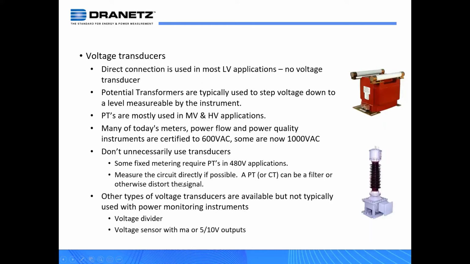Some other things to consider: if you're troubleshooting power quality in a medium voltage application and you don't want to deploy PTs because of the frequency consideration, then one alternative is a voltage divider.